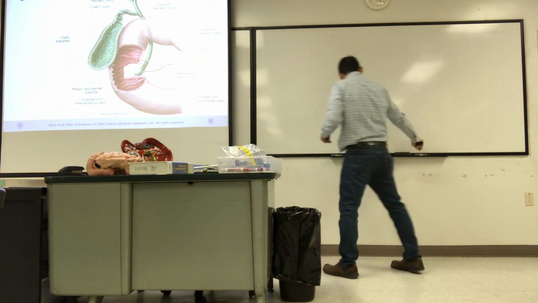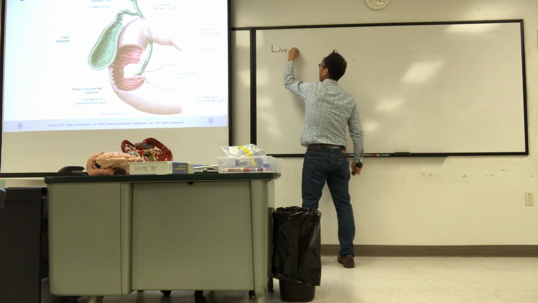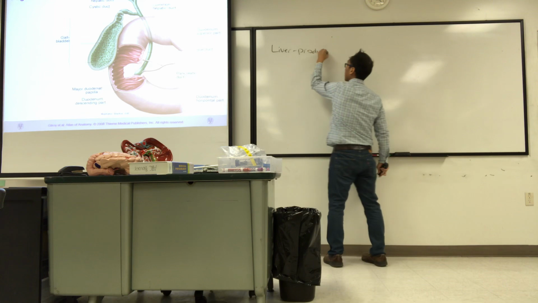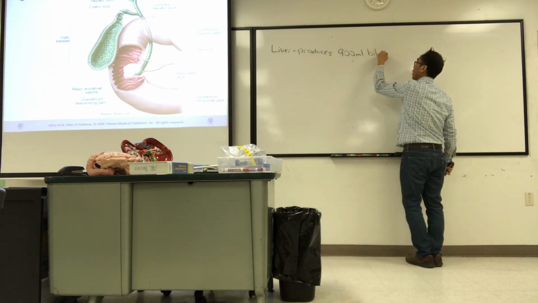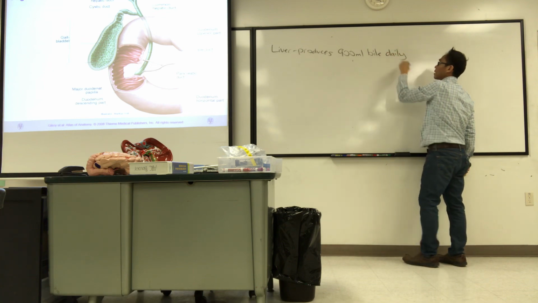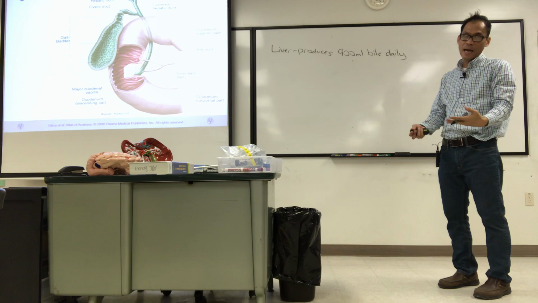So your liver produces something like 900 ml of bile daily. Now this bile that the liver produces is considered dilute bile.